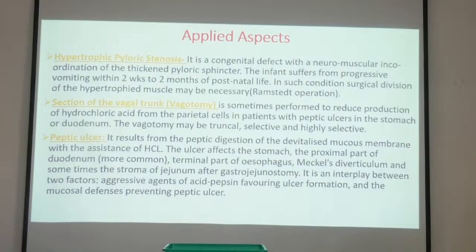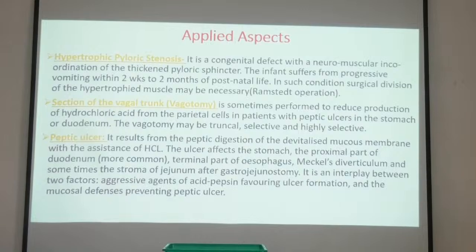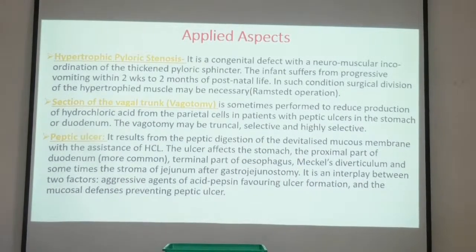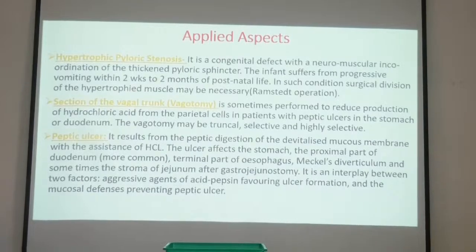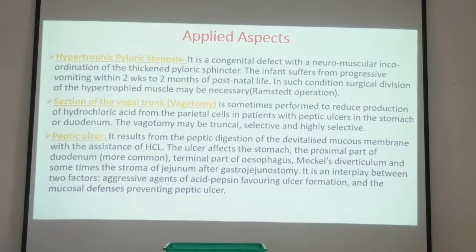Now these are some clinical aspects. Hypertrophic pyloric stenosis, it is congenital. This comes as a short note. What is this? It is a congenital defect with a neuromuscular incoordination of the thickened pyloric sphincter.